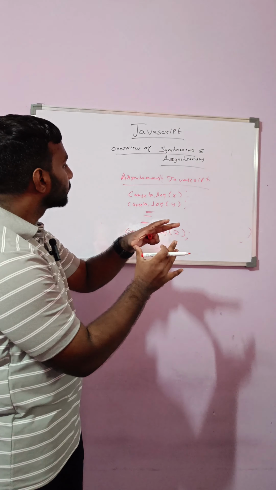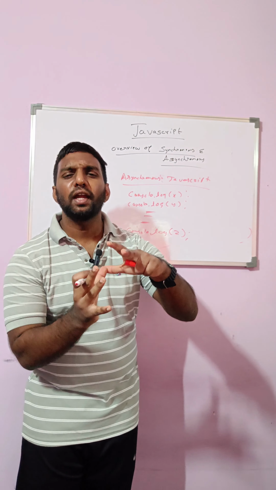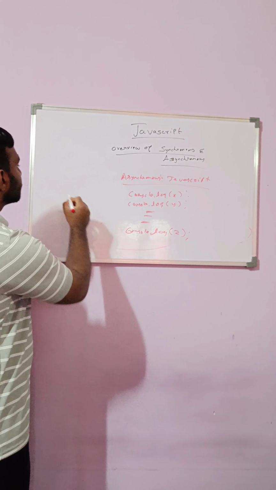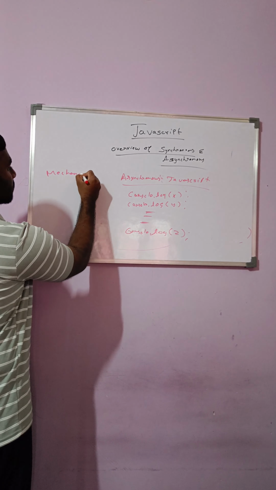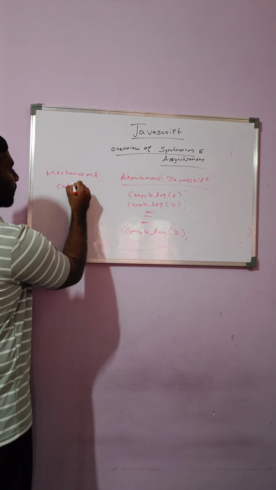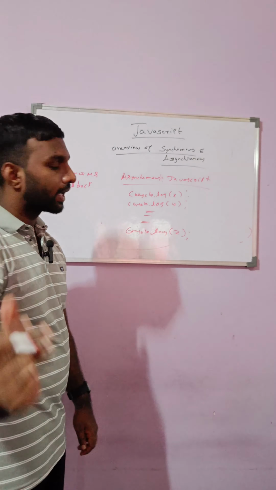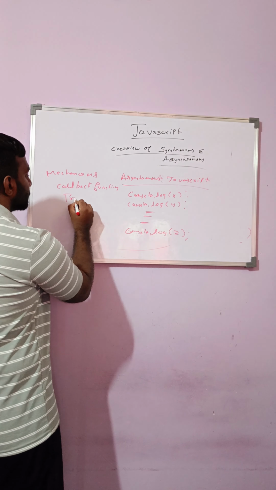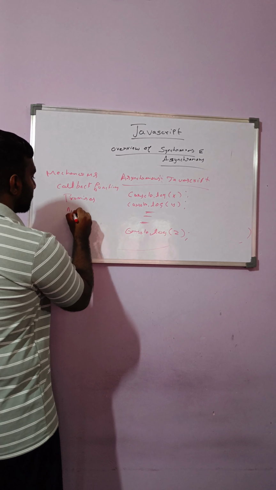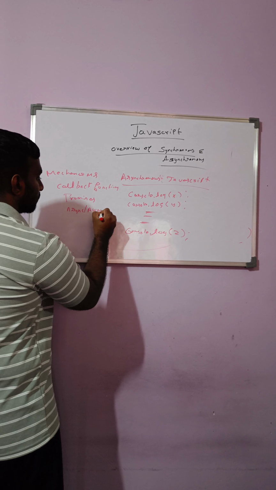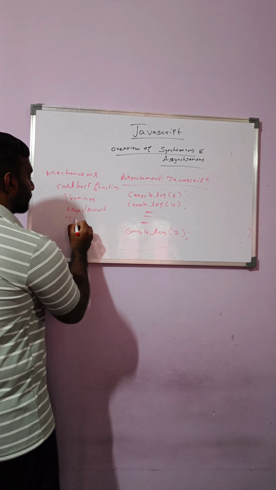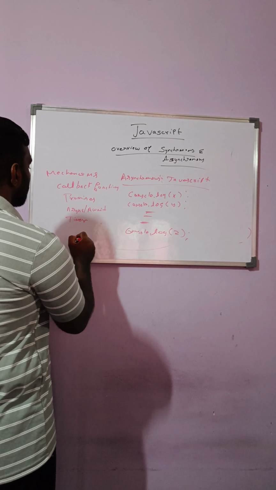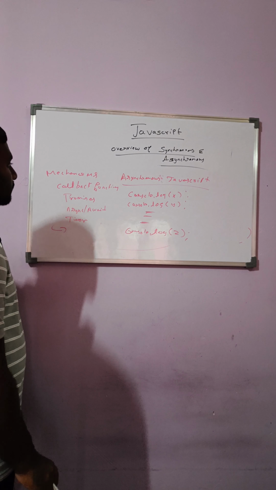So this is the beauty of asynchronous JavaScript. Asynchronous JavaScript contains several mechanisms. Those mechanisms include callback functions, promises, async await, timer functions like set timeout, set interval, and many more.